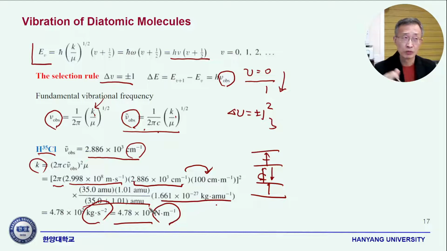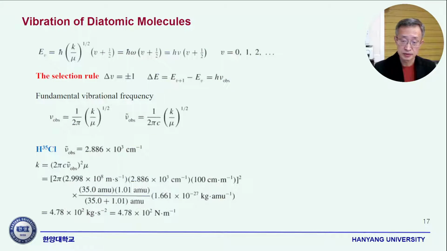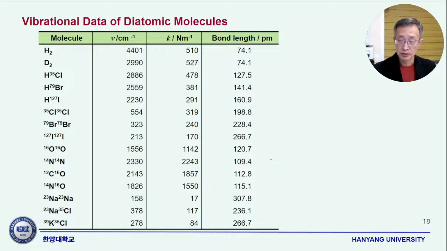So this is one application or utility of vibrational spectroscopy. Anyhow, for the diatomic molecule, we obtain the energy so that we can calculate the partition function, and also for the polyatomic case. These are all diatomic molecules, and we have the vibrational frequency and wave number, force constant and bond length, and these are all tabulated.